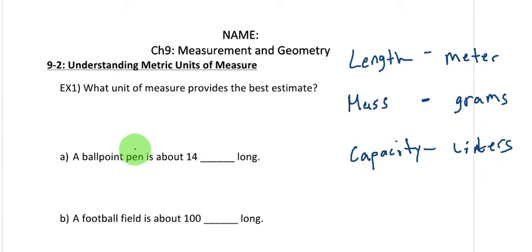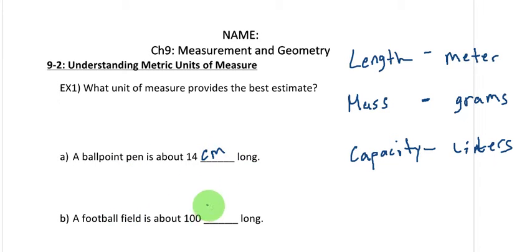Well, I know a ballpoint pen is about 14 fingernails long if I were to take the width of a fingernail and measure a ballpoint pen, so it's probably about 14 centimeters, because 1 centimeter is about the width of my fingernail. So that means if I were to take 14 of my fingernails and line them up along a ballpoint pen, it would be about the same length.